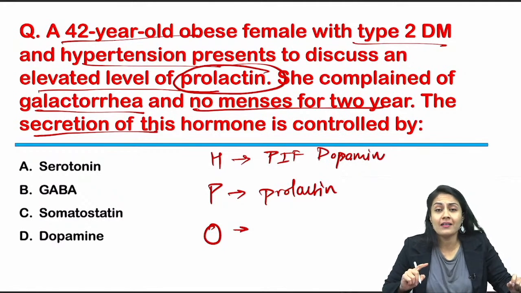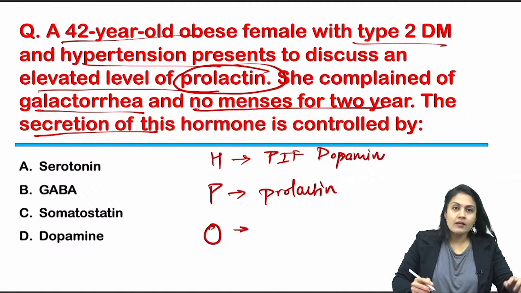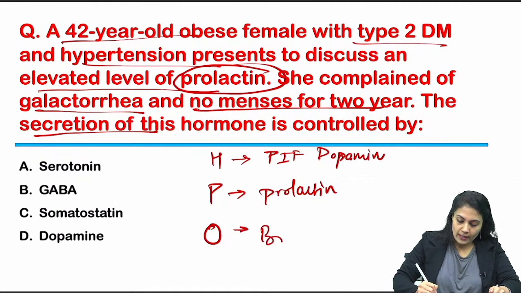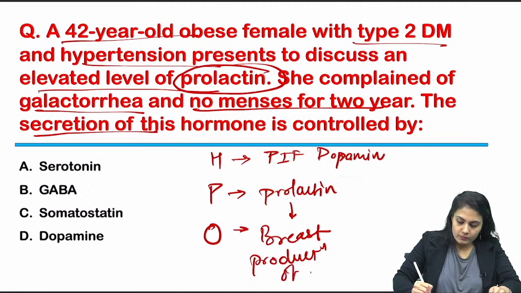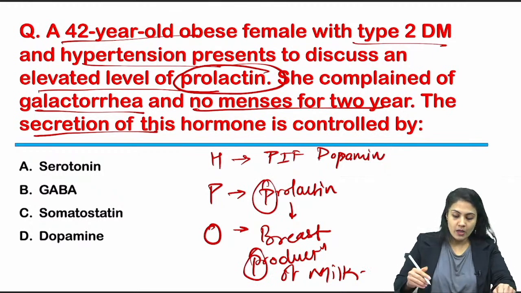Just now we discussed the anterior pituitary, right? Now what is going to happen? The target organ is the breast and other organs. Especially it acts on the breast and causes the production of milk, right? P for P: production, prolactin; ejection, oxytocin.